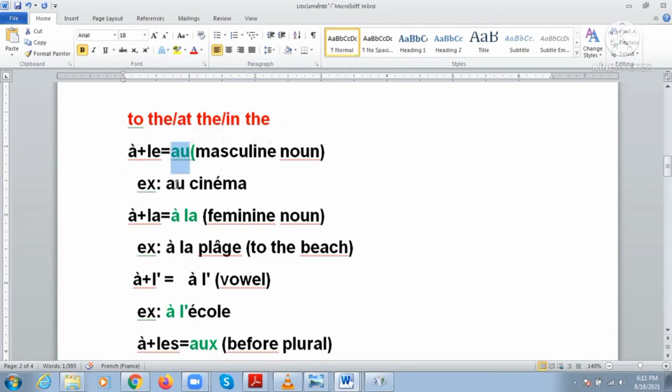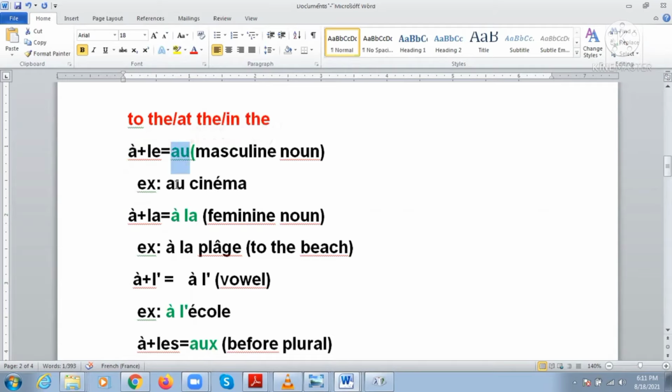So like if you want to say I'm going to cinema, or let's say I'm going to theater, you can use that "au" for a masculine noun. Then "à la" for feminine, like à la plage, to the beach, at the beach.